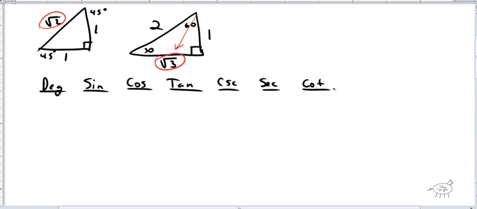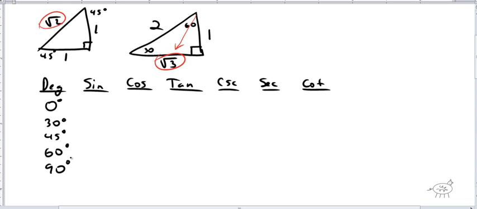All right, so we should have 7 columns, and then I'm going to have 5 things going down. So this is going to be 0 degrees, 30, 45, 60, and 90. I'll even put the degree symbol here. It's good to put units in here.